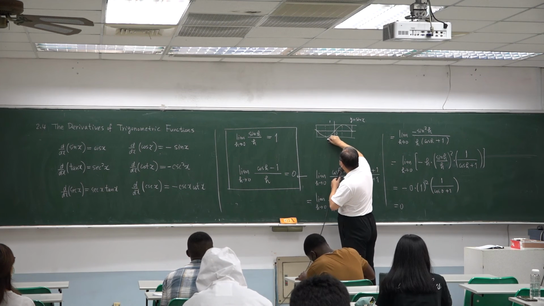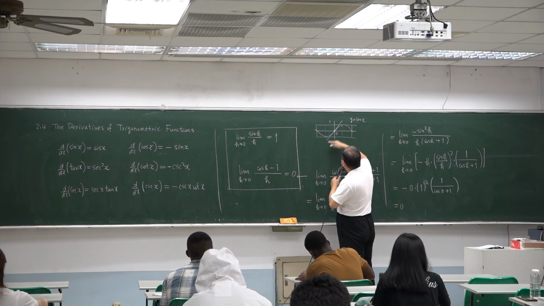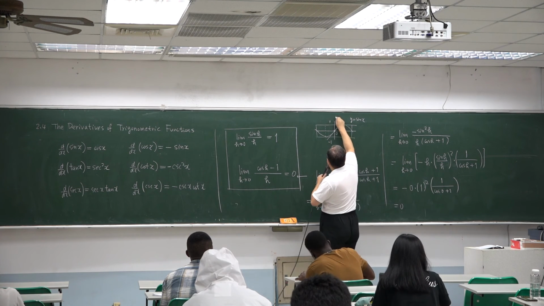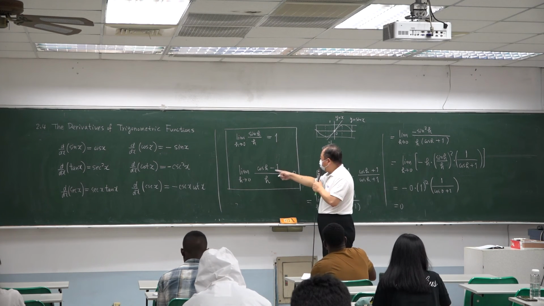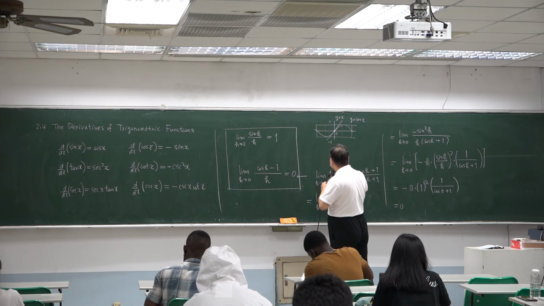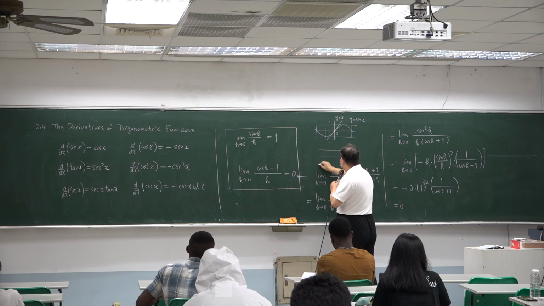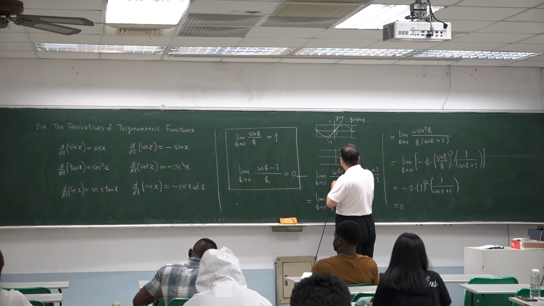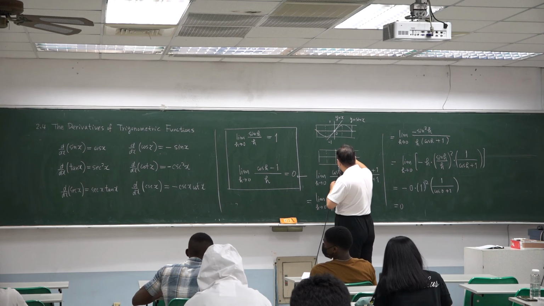So the slope of the tangent to this curve at the origin is 1. But here it means the slope of the tangent of cosine is 0.